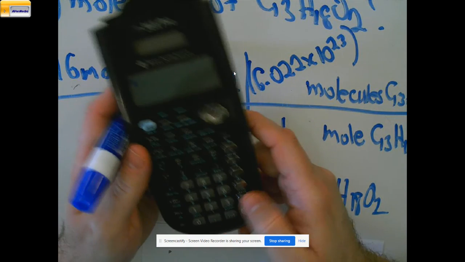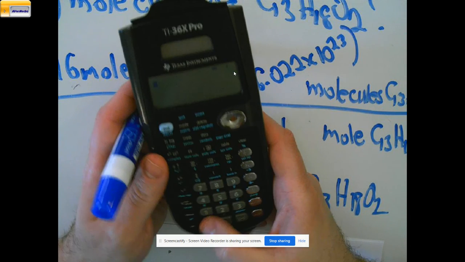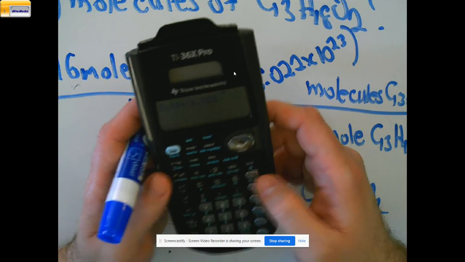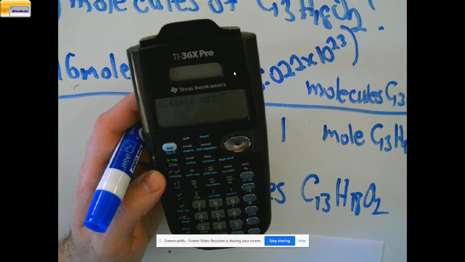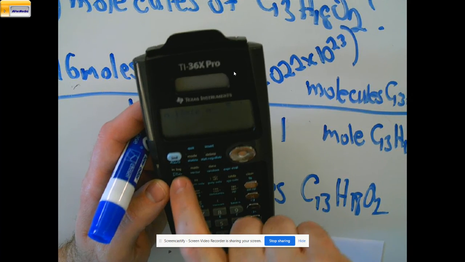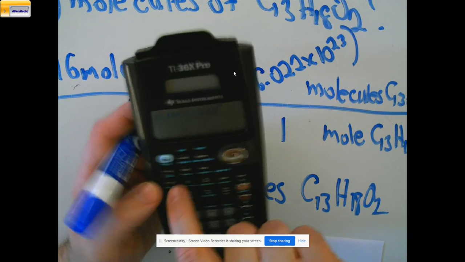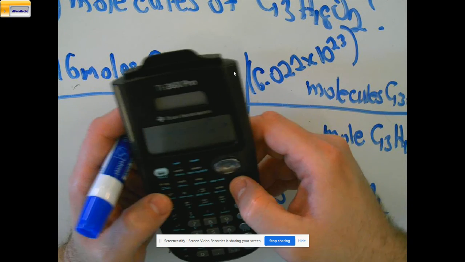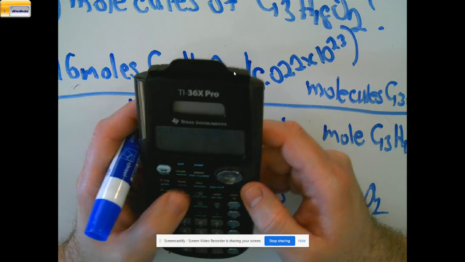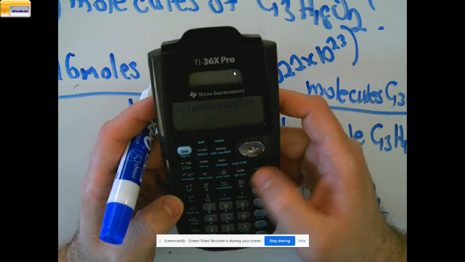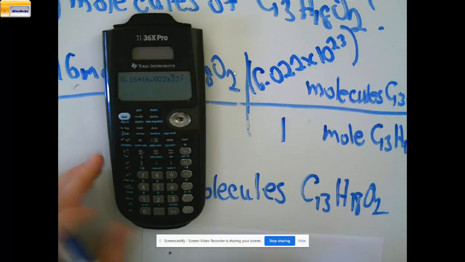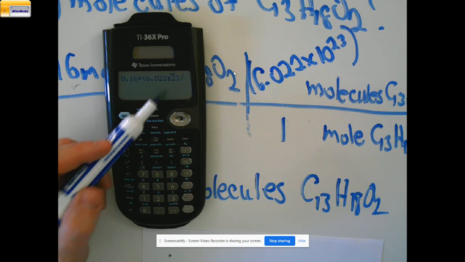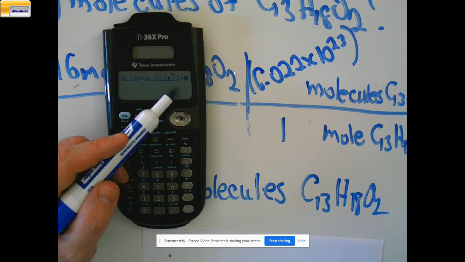On the calculator, it's 0.16 times open parentheses 6.022, and then the E stands for exponent, and it's going to be to the 23rd power.